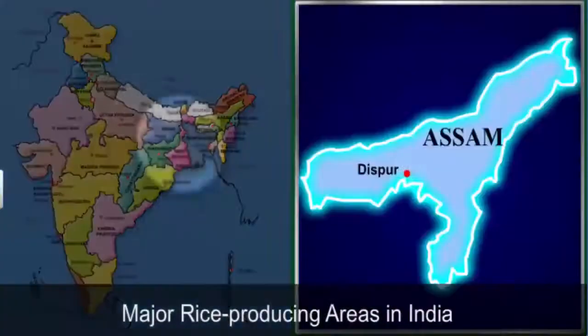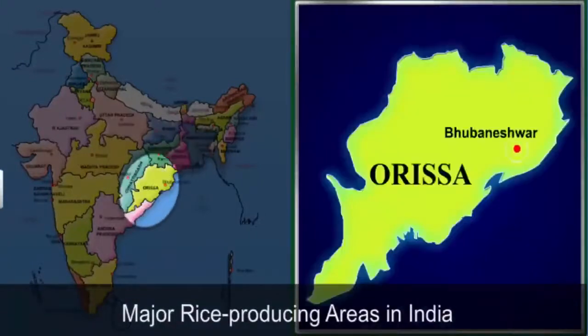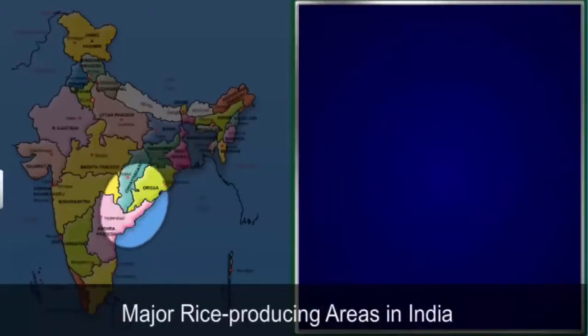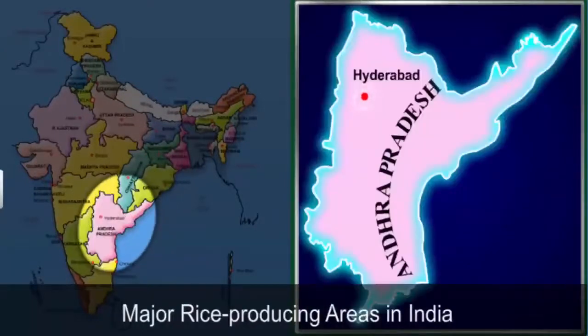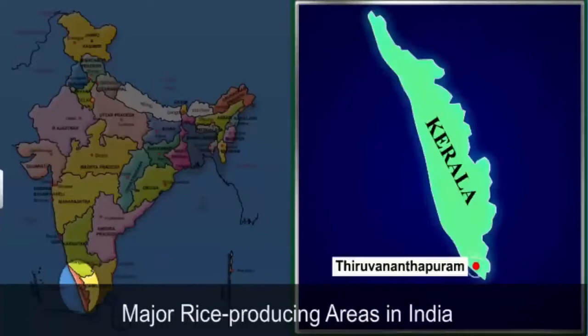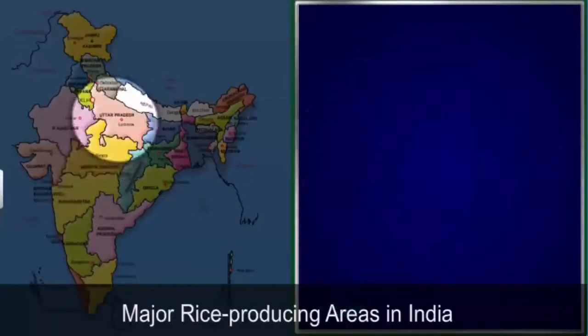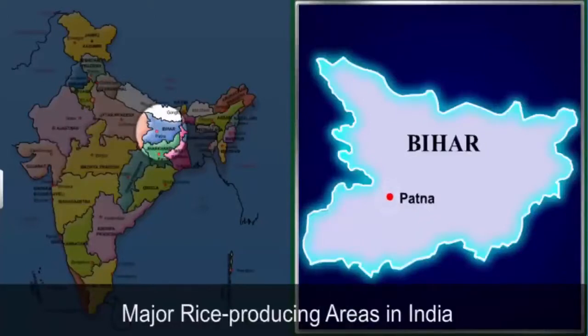The main rice-producing areas in India are Assam, West Bengal, coastal Orissa, Andhra Pradesh, Tamil Nadu, Kerala, Konkan in Maharashtra, Uttar Pradesh and Bihar.